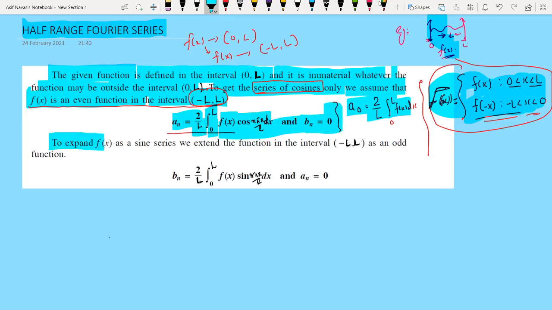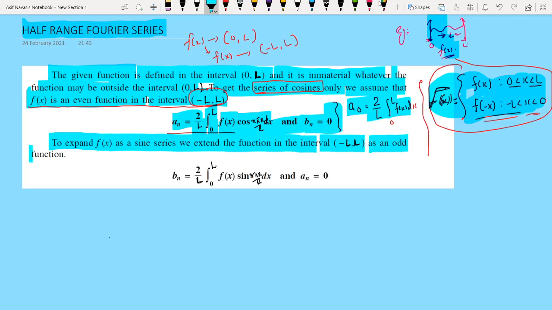Now, in order to expand f of x as a sine series, we extend the function on the interval minus L to L. To get a sine series, what extension do we need? We need f of x to be extended as an odd function.